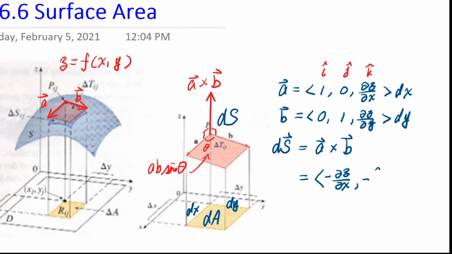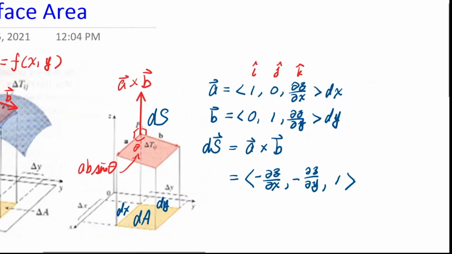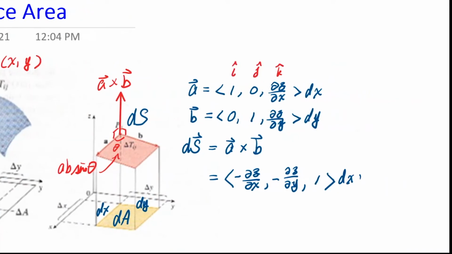So we have partial z and then partial y. You with me? And then your k vector, of course, cross this out, so it's this minus this, so we have 1. And then, of course, dx dy.